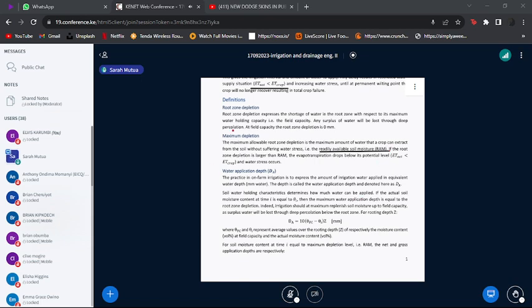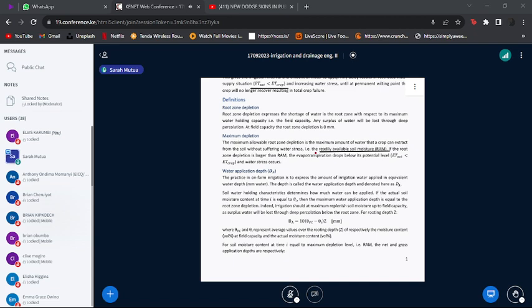So if we were to calculate the maximum depletion, it will be P into brackets theta FC minus theta PWP.